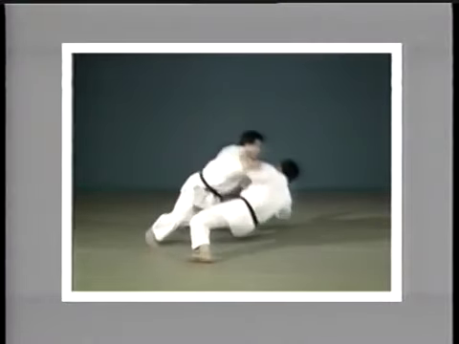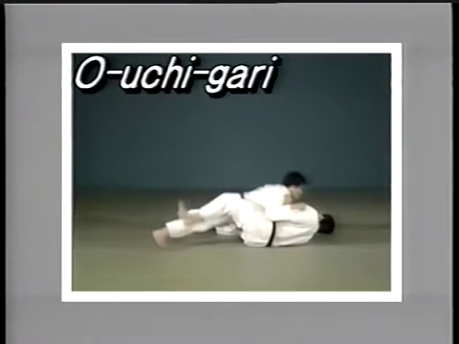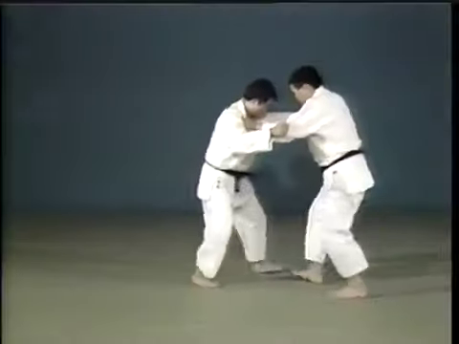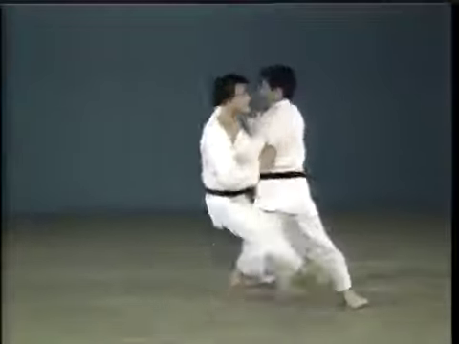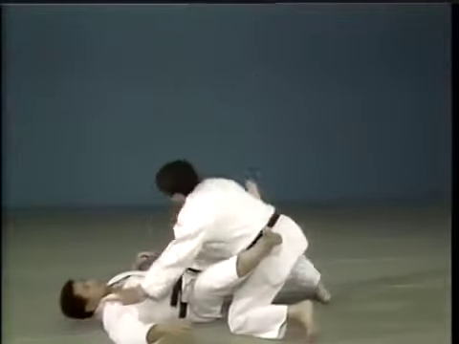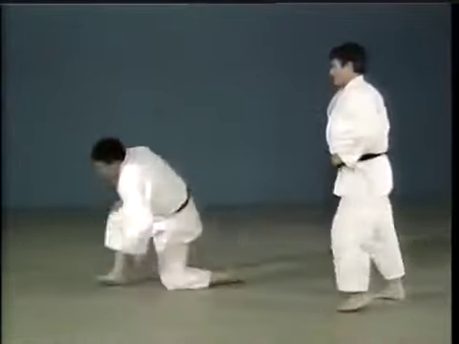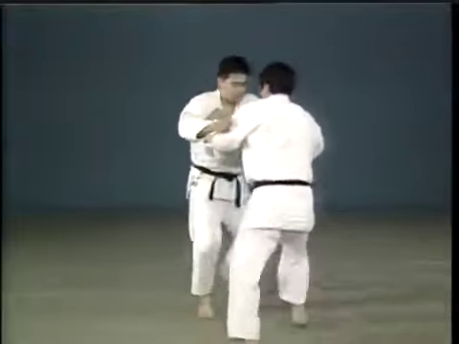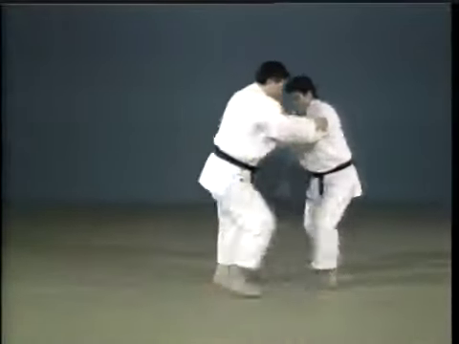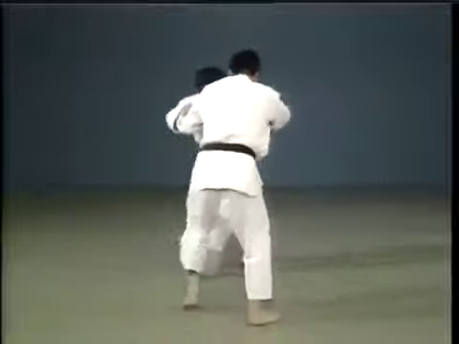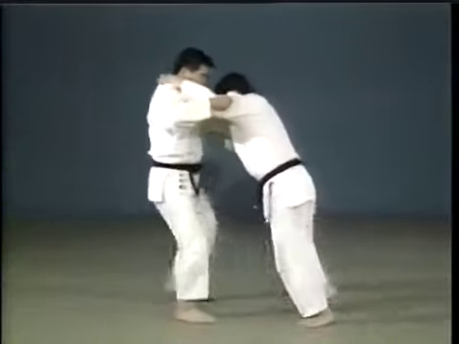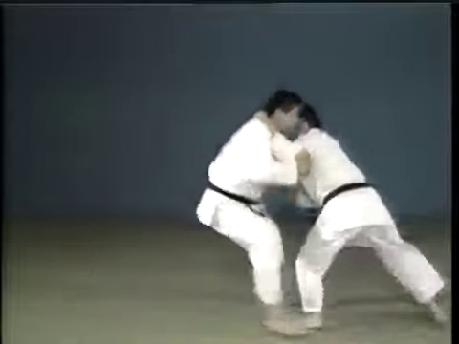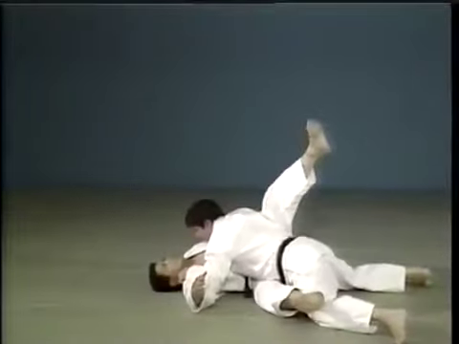Ouchigari. Pull your opponent's foot forward, then just as he tries to put his weight on that foot, clip his foot and make him fall. Here the opponent is pulled in close, then clipped the moment he tries to rise up.